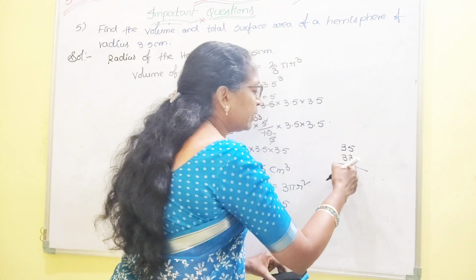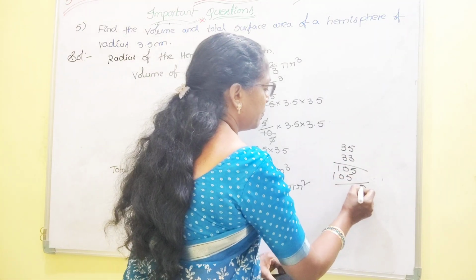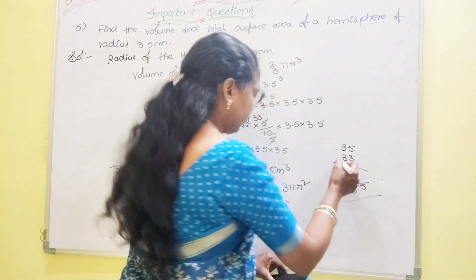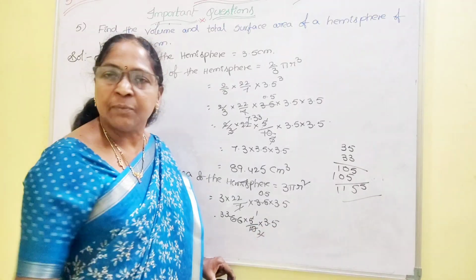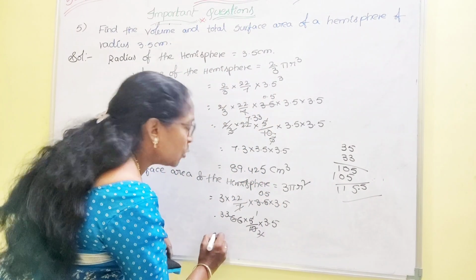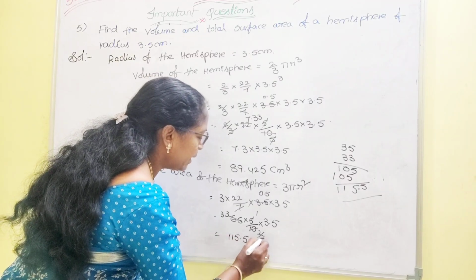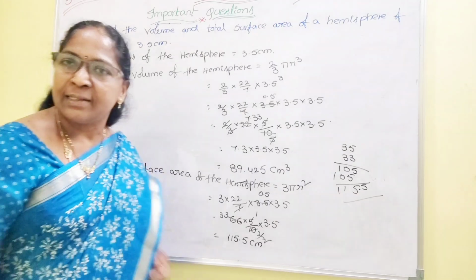So that means 35 times 3 is 105. Here also 35 times 3 is 105. Just write 5, 5, 1, 1. Here one digit after the decimal point is there. You also count one digit and keep the decimal point. So the value equals 115.5 centimeter square. This is the answer.